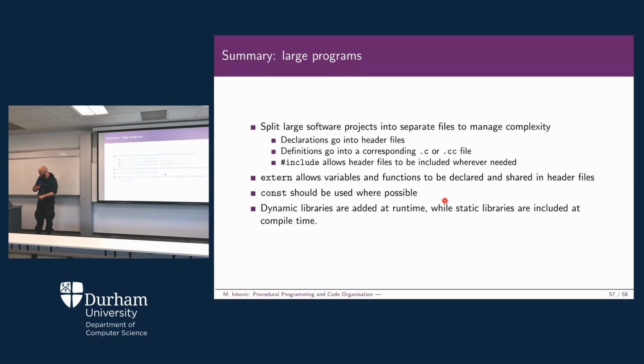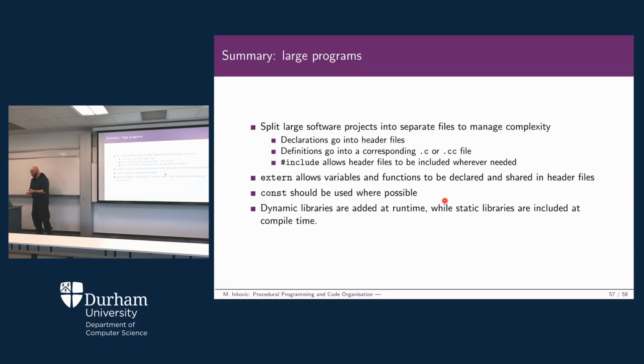Okay, so I know I've been talking a while. We reached the end. To sum up, how do we deal with large programs before my laptop's battery runs out? We want to split big programs into many different files, where we want the declarations to go into the header files.